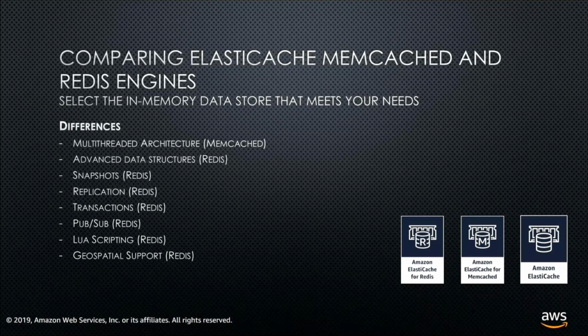Redis lets you create multiple replicas of a Redis primary. You can scale reads and have highly available clusters. Redis supports transactions, which let you execute a group of commands as an isolated and atomic operation. Redis supports pub/sub messaging with pattern matching, which you can use for high-performance chat rooms, real-time comment streams, social media feeds, and server intercommunication.